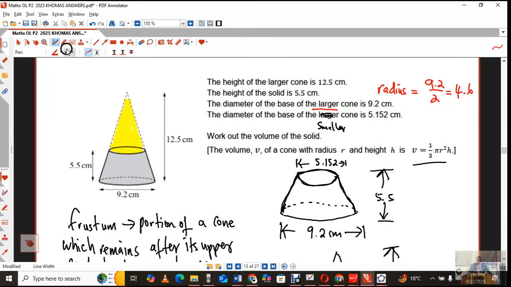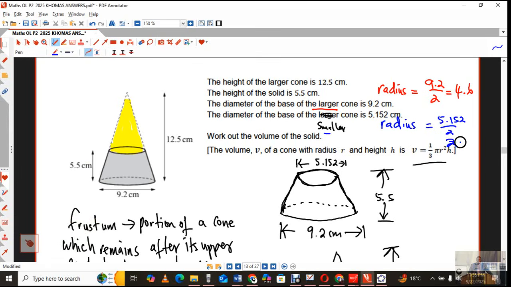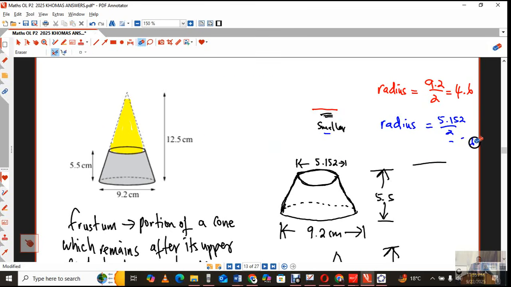And the radius of the smaller cone is going to be 5.152 divided by 2. Very important. We divide 5.152 by 2, and that gives 2.576. Oops, let me just write it nicely.